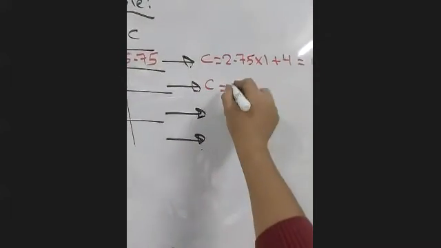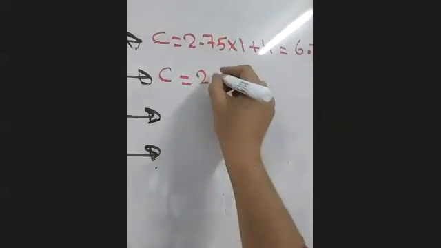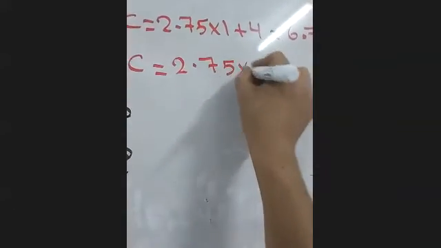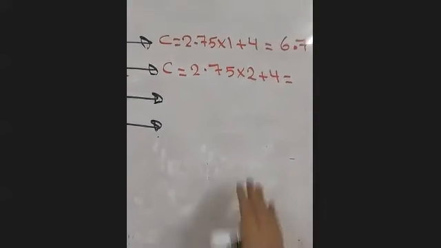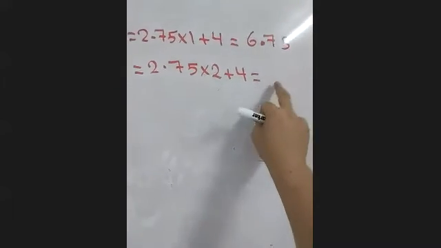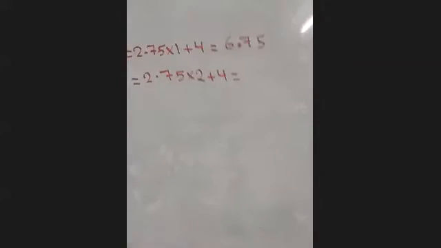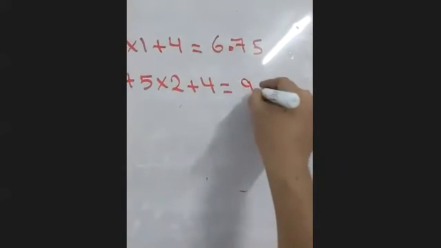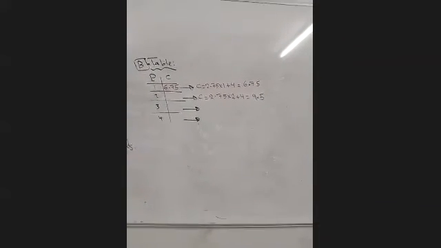C equals, we replace P here by 2. 2.75 multiply 2 plus what? Plus 4. Now multiply and add. The answer will be 9.5. Do you understand, Marwan?